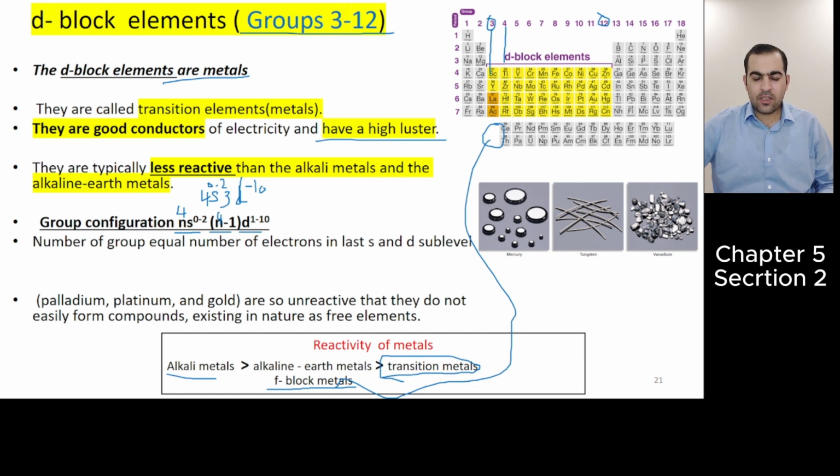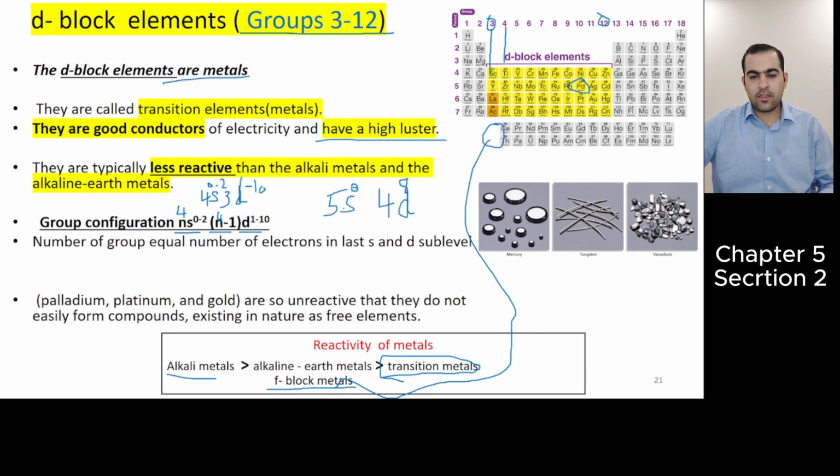When it's going to be 0, we have palladium here. Sometimes it has 5s, 0, and the 2 electrons transfer to D. Palladium is like that.